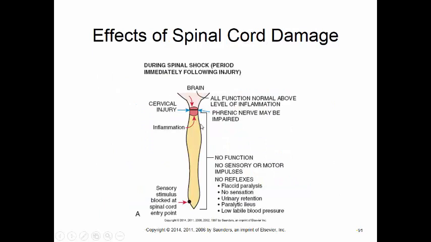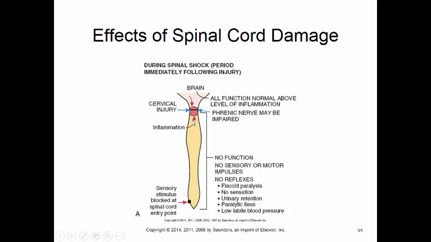So here's a cervical injury, and we can see during the spinal shock immediately following the injury, all normal function above the level of inflammation. So the inflammation is the red portion that's spread out, so everything above that can be fine, but this area is going to be impaired near the inflammation.